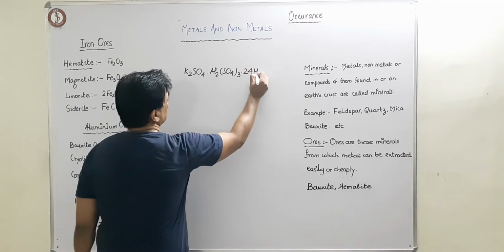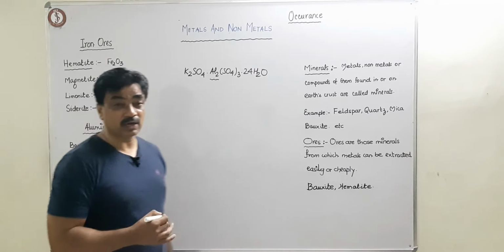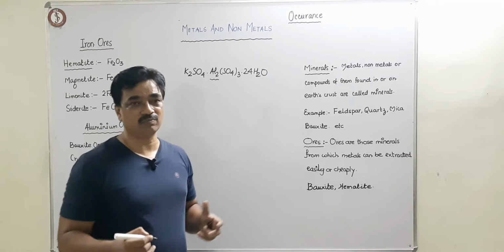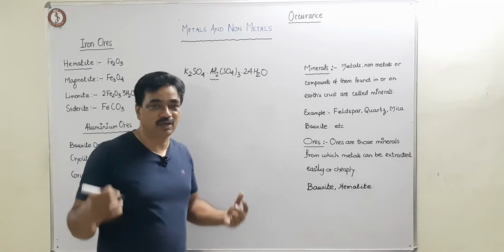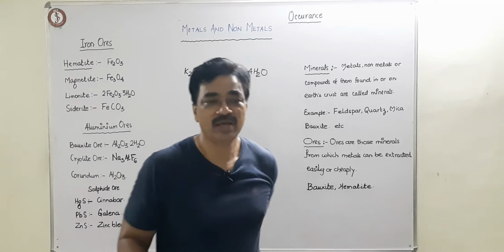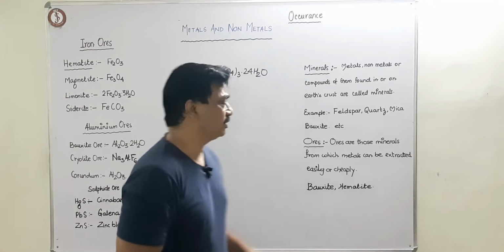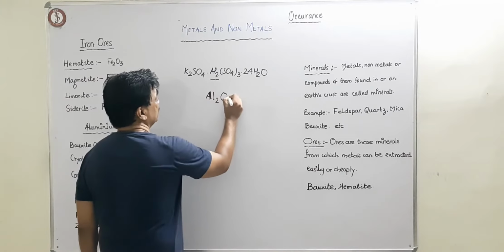So this is potash alum, where you see a small amount of aluminum. Can we extract aluminum from there? You can use your common sense. It's a very large compound with a lot of other elements chemically combined there, and chemically combined things can be separated only in difficult ways. But you see, there is another. Suppose I have to extract aluminum. Can I extract aluminum from here?